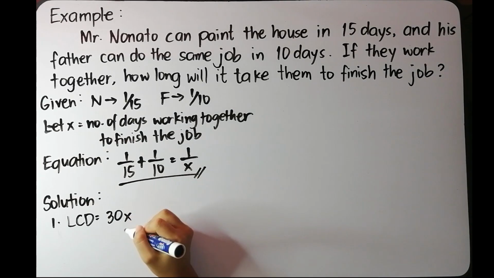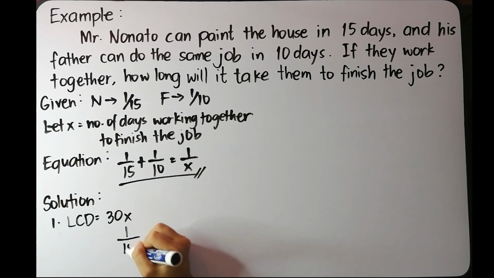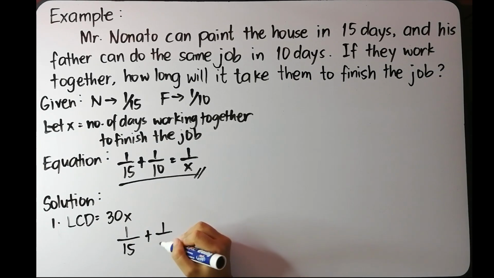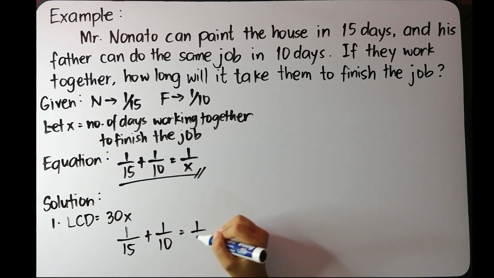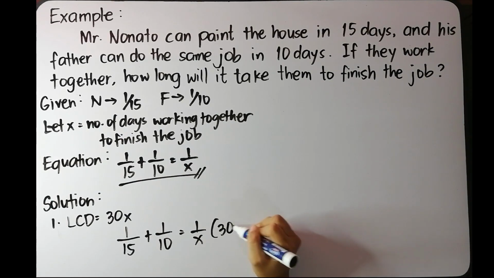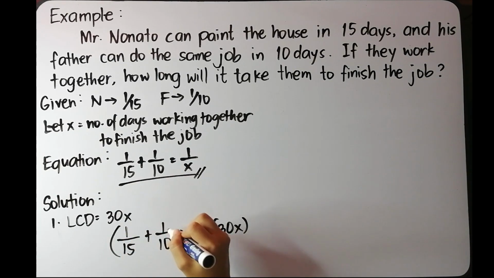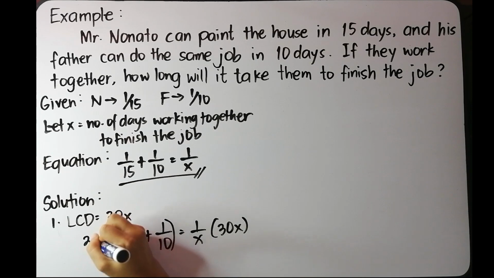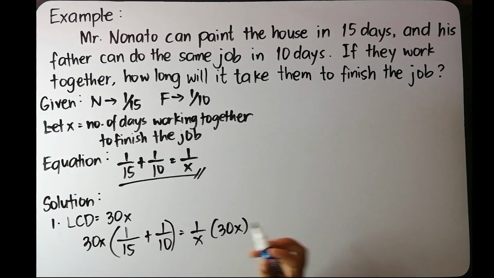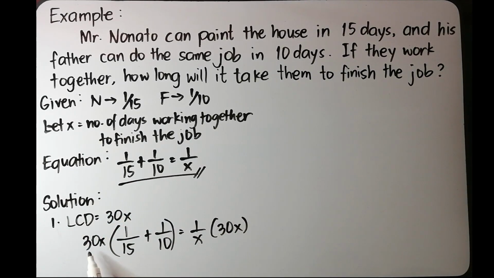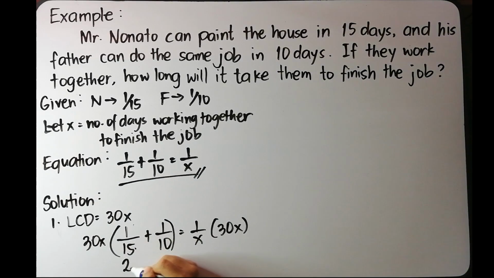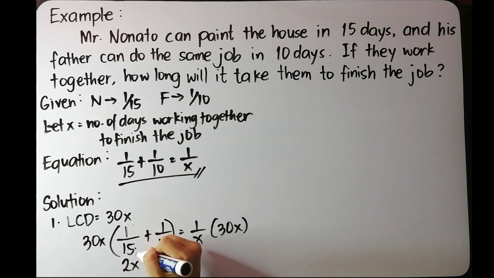So let's multiply both sides of the rational equation by our LCD. So we have 30x on the right side and left side. So 30x times 1 over 15 is 30x over 15, that is 2x, because 30 divided by 15 is 2.